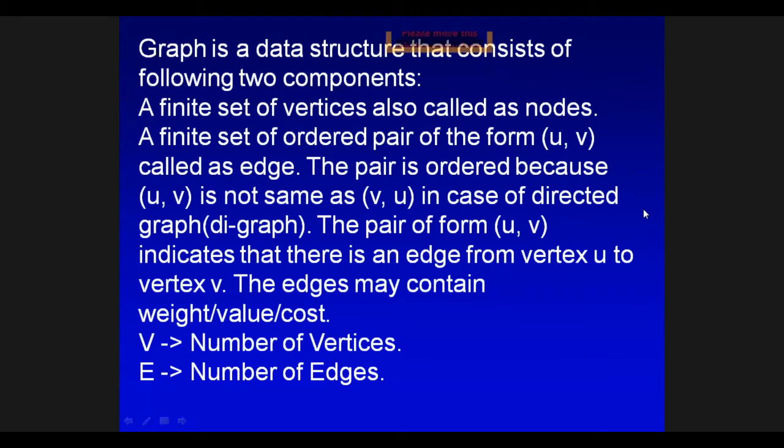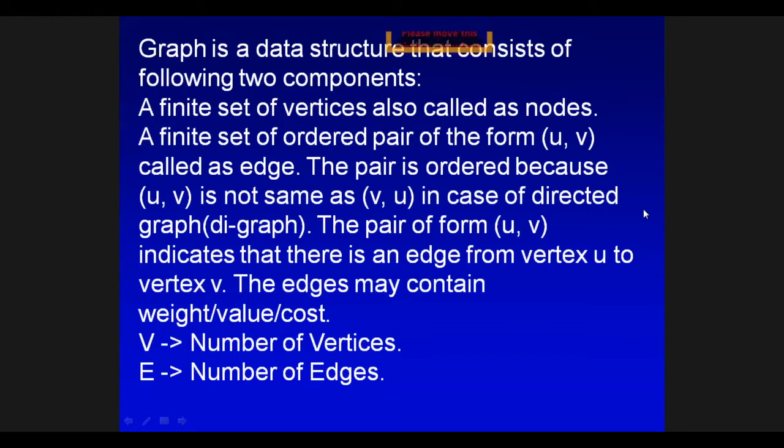If it is (U, V), it indicates that there is an edge from vertex U to V. If you write U comma V, the edge is from U to V. If it is (V, U), the edge is from V to U. For example, if it is a directed graph and 0 is connected to 1 with direction from 0 to 1, then you write the pair 0 comma 1.